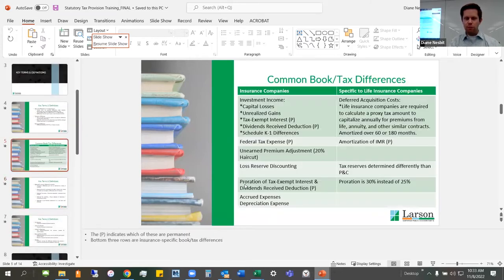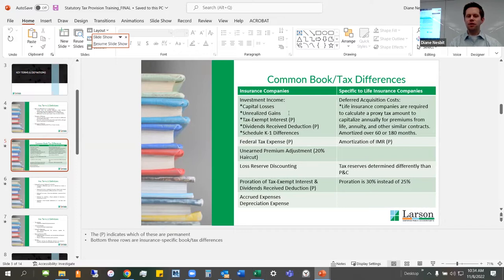So we wanted to point out some of the common book tax differences for insurance companies. We've noted them with a P if they're permanent items. As we continue to go through, maybe refer back to this to discuss any examples or questions. With investment income, there are a number of book tax differences, and your capital losses will create a book tax difference.